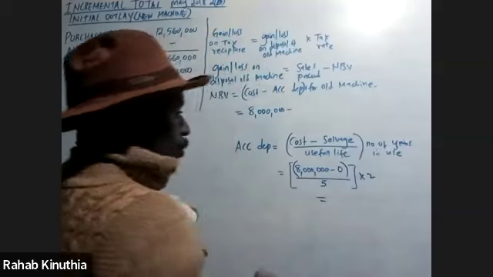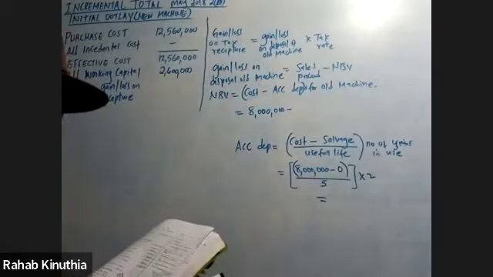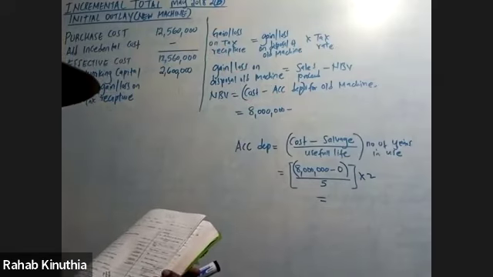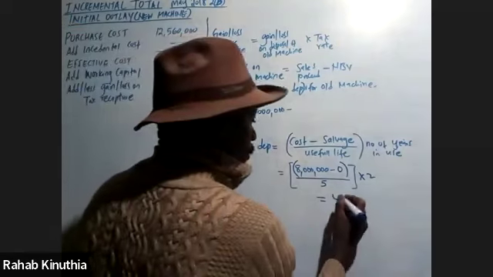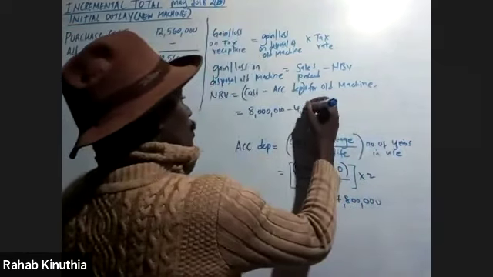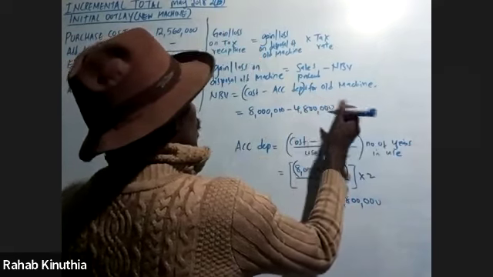So what is the accumulated depreciation? 8 million minus 0, divided by 5, then multiplied by 2 years, gives 4.8 million. So we less 4.8 as our net book value.